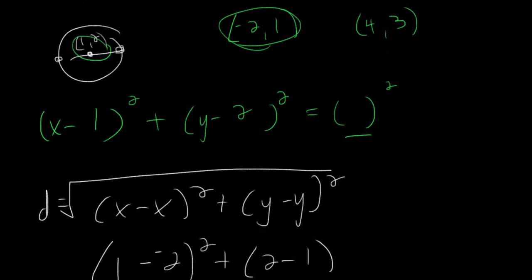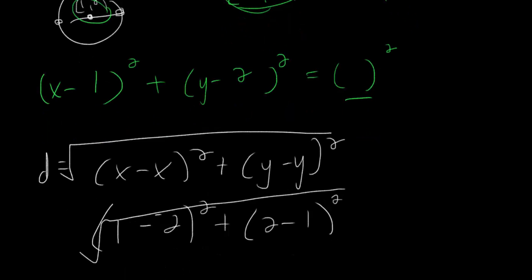So where did I get these numbers? I said the x value of the center minus the x value of the first endpoint, and then the y value of the center minus the y value of the first endpoint.